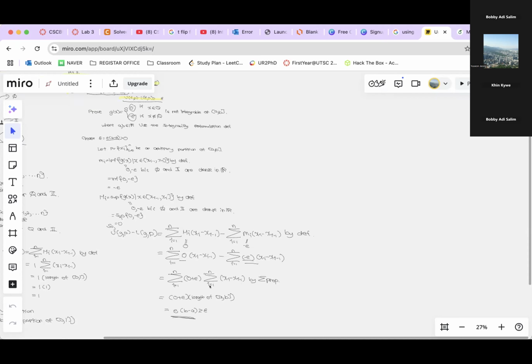So this portion over here. Oh, wait. Why is it going that way? Undo. Okay, I can't undo it. But basically, this portion that you see over here, the summation, it's going to be the length of [A, B]. So it's going to be this thing, and you just have to subtract it.